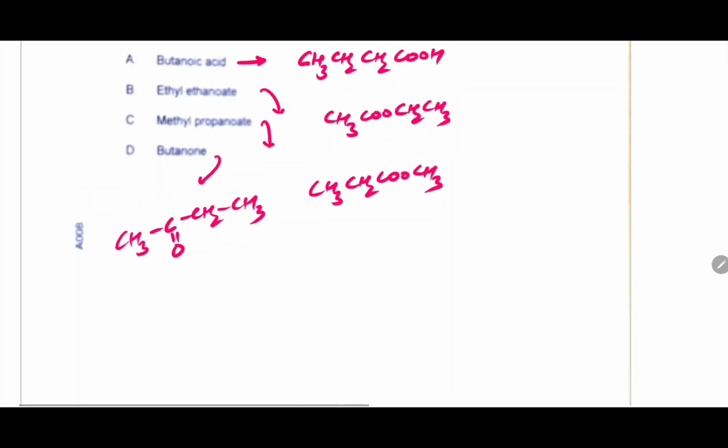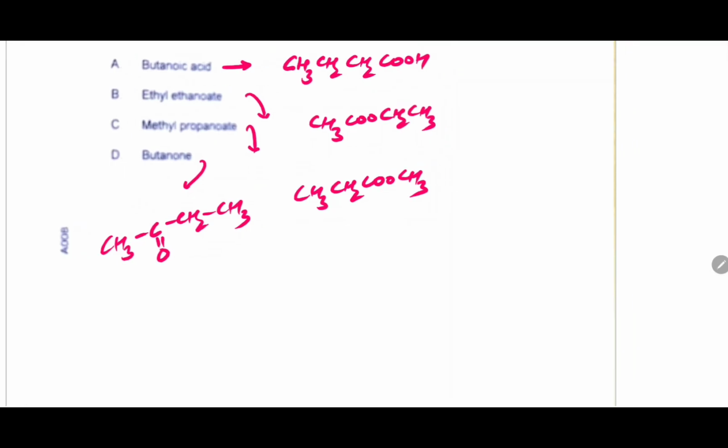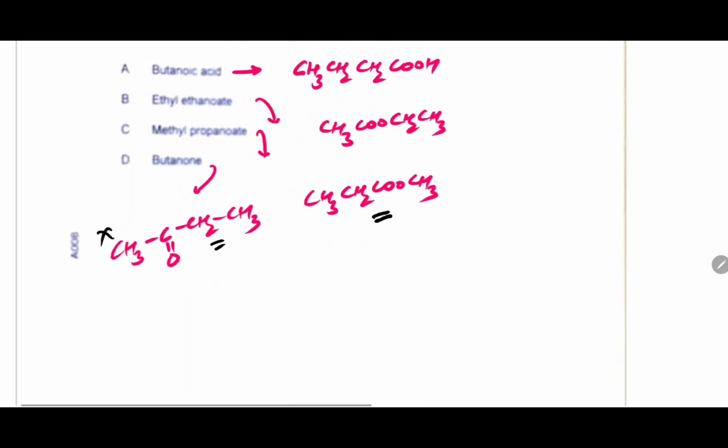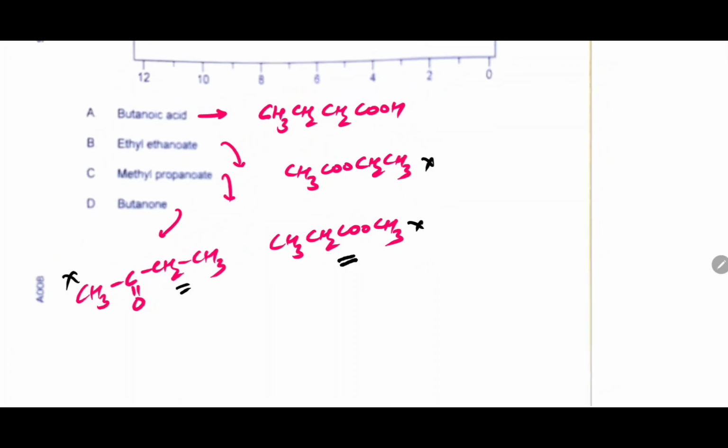As we can see, in molecule number 4, that is D, only 3 environments are present, not possible. In molecule C, methyl propanoate, only 3 environments, this cannot be an answer. This also is only 3 environments of hydrogen.